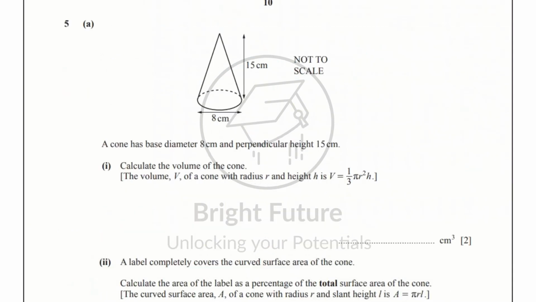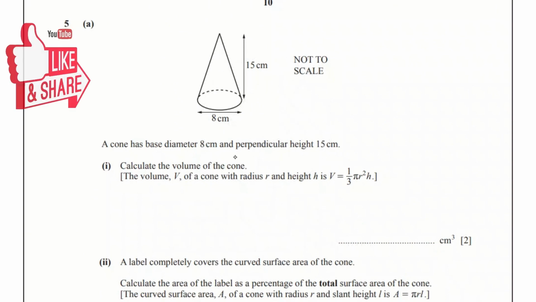Next question. 15 centimeters. Calculate the volume of the cone. Volume of the cone is V equals 1 upon 3 pi r square h. So r will be 4. H is given to us as 15.